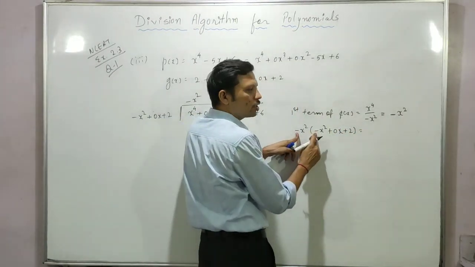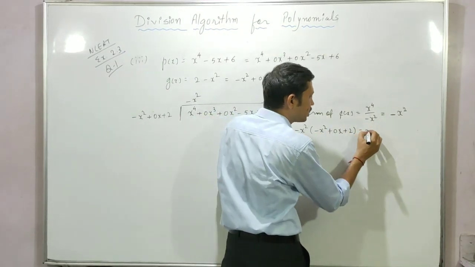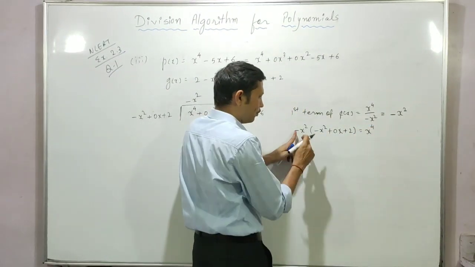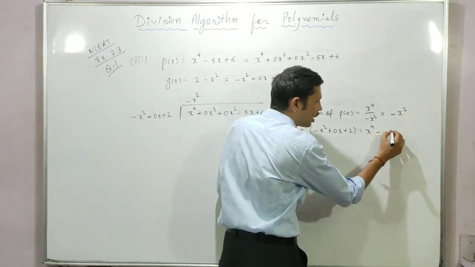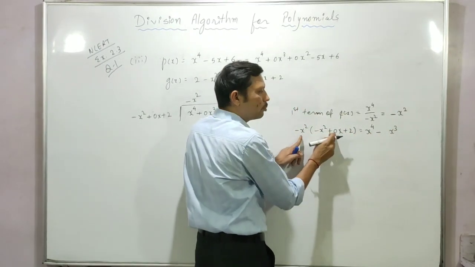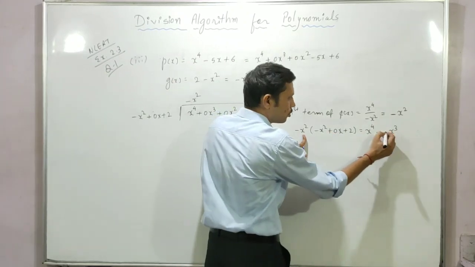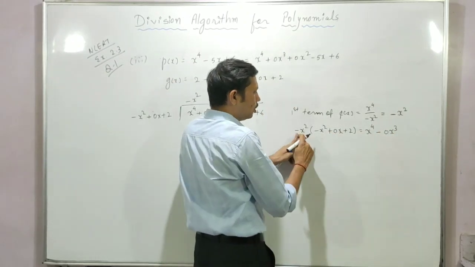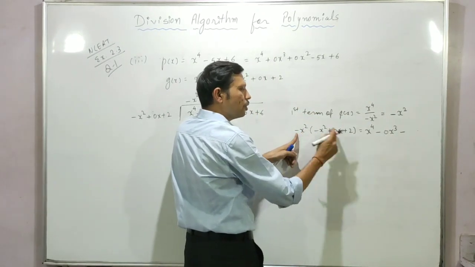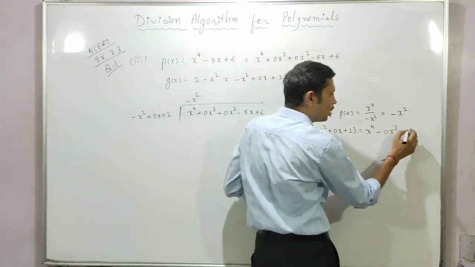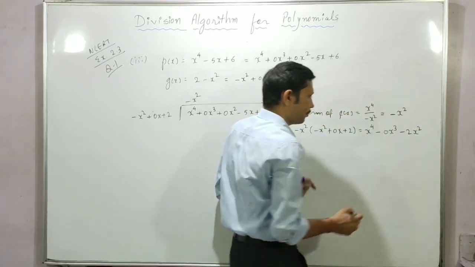Okay. Now minus minus becomes plus, x square multiplied with x square is x to the power 4, minus plus minus, x square multiplied with x is x cube, 1 multiplied with 0 is 0. Now minus plus minus, minus x square multiplied with 2, so x square multiplied with 2 is 2x square.